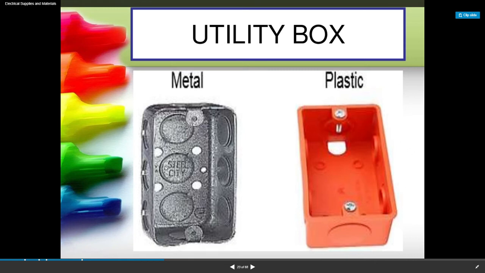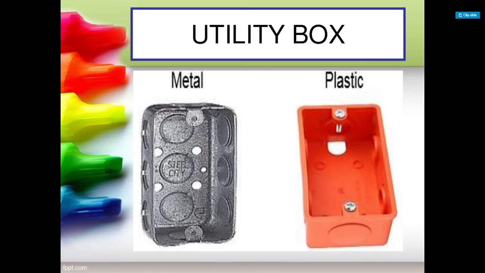And if it's a metal, of course, it could be gray or metallic gray. It depends on what the paint is. But with the plastic, usually it's made up of orange color. The shape is rectangular. That is the utility box. In your book, do not follow what is written in your book, but follow what I'm saying to you.